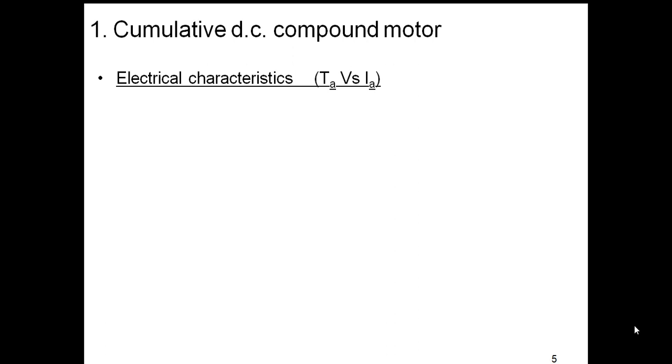In this, the first characteristic is the electrical characteristic, and these characteristics are drawn between the armature torque and armature current.